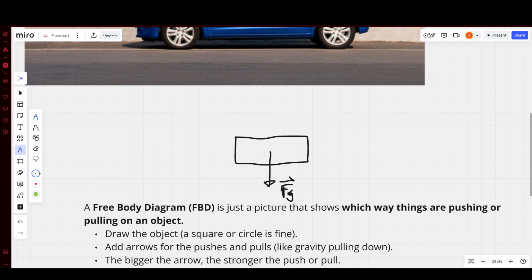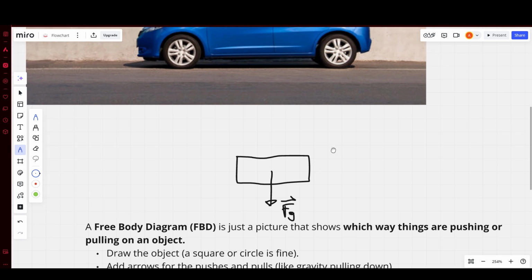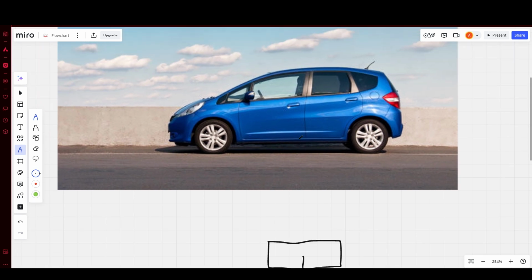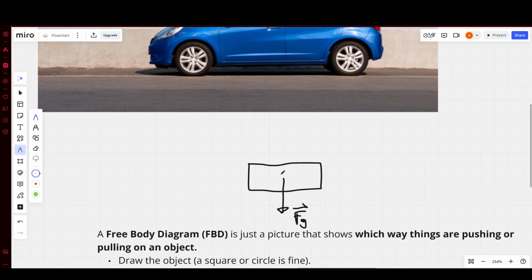But then there's also the normal force of the ground acting up, opposing gravity. So we also have to draw that. F, force, N, normal, and it's also a vector.